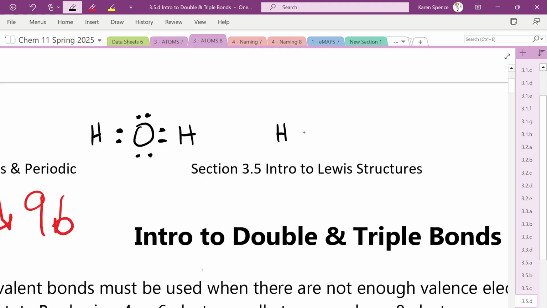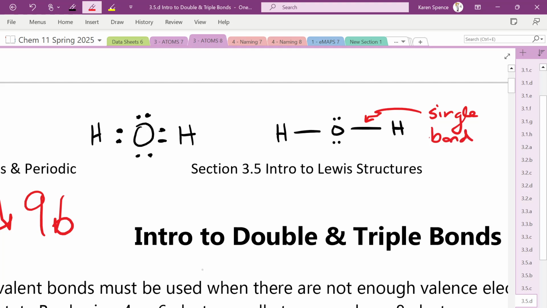And we could show that also this way with a line instead. This is what we call a single bond. Single bonds, 2 shared electrons.